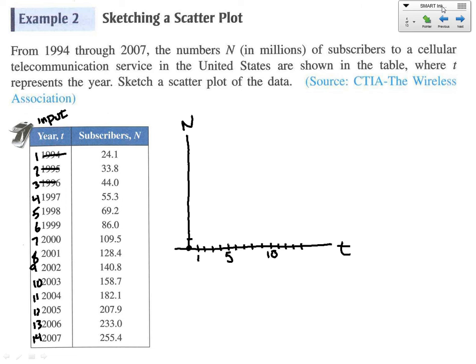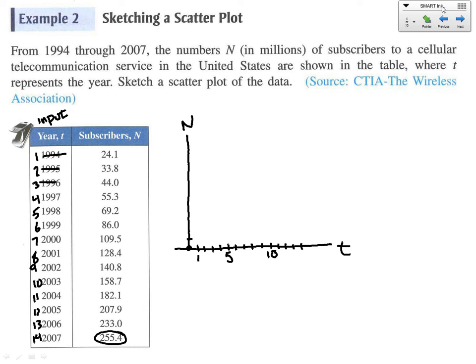All right, for the subscribers N, on this one, might make more sense to count by maybe 20s, something like that, right? As we go up. And so that would take us all the way up. We would need about 12, 13 of them to get all the way up to 255.